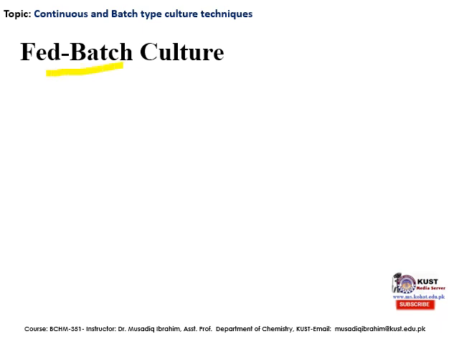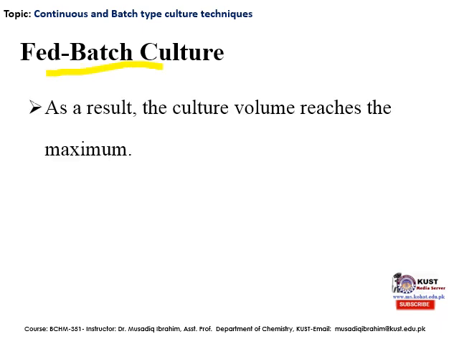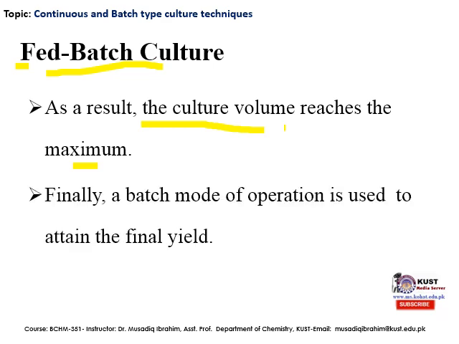So in case of the fed batch culture, as a result the culture volume reaches the maximum as a result of repeated addition of the nutrients during the whole course of fermentation. Finally, a batch mode of operation is used to attain the final yield.